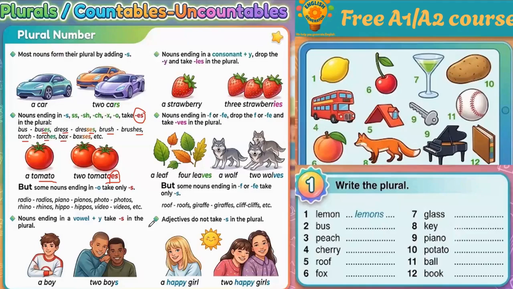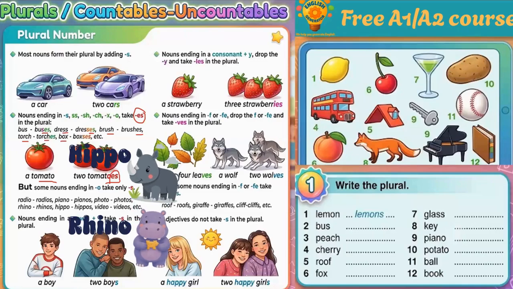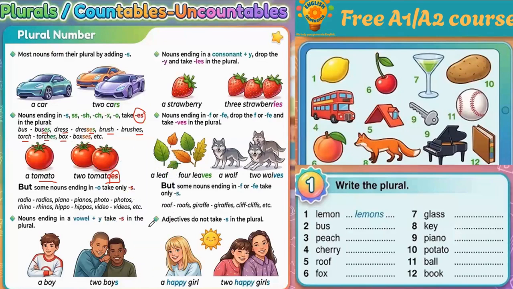And here we will put all the audible things, radios and pianos, and all the visual things like photos and videos together, and the animals hippos and rhinos together. And these words are the most common words that end in O, and we add just S to them.